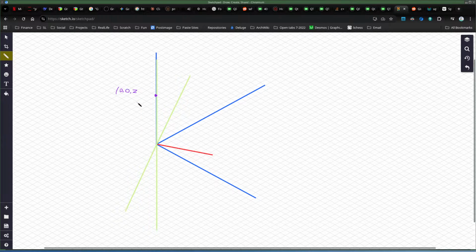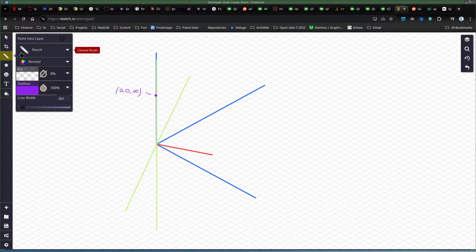Nah, that may be a bit too confusing actually. Let's call it alpha.